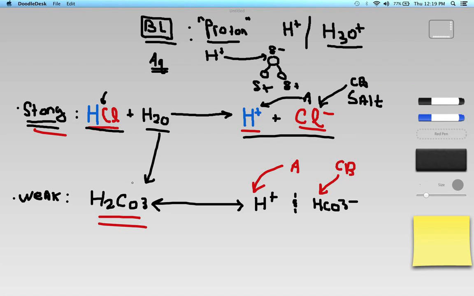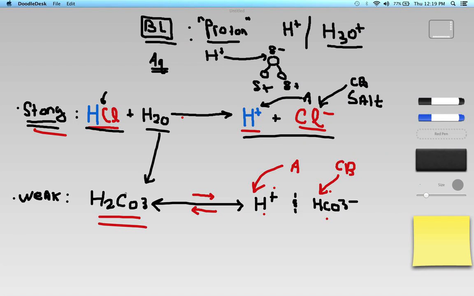Well, one difference is that up here the arrow moves in one direction, but here the arrow moves not only to the right but to the left. And what this is telling me is that at the same time that carbonic acid is breaking down into its acid and its conjugate base, the hydrogen and the bicarbonate are able to recombine to go back to carbonic acid.